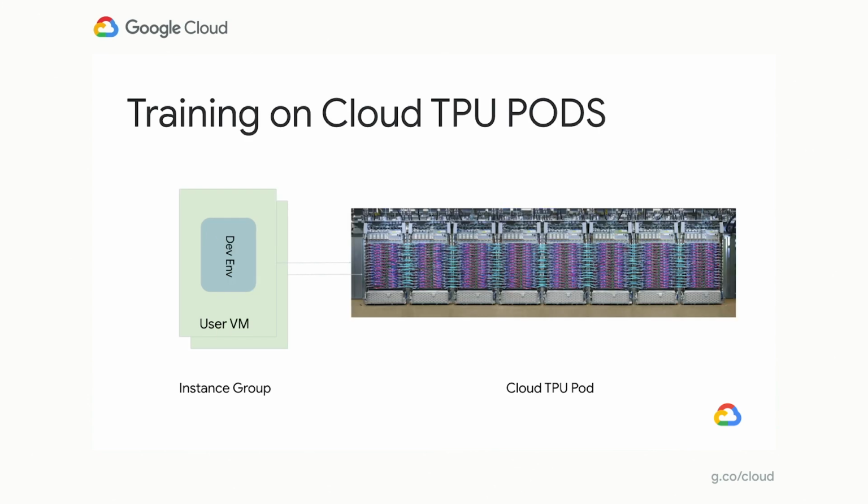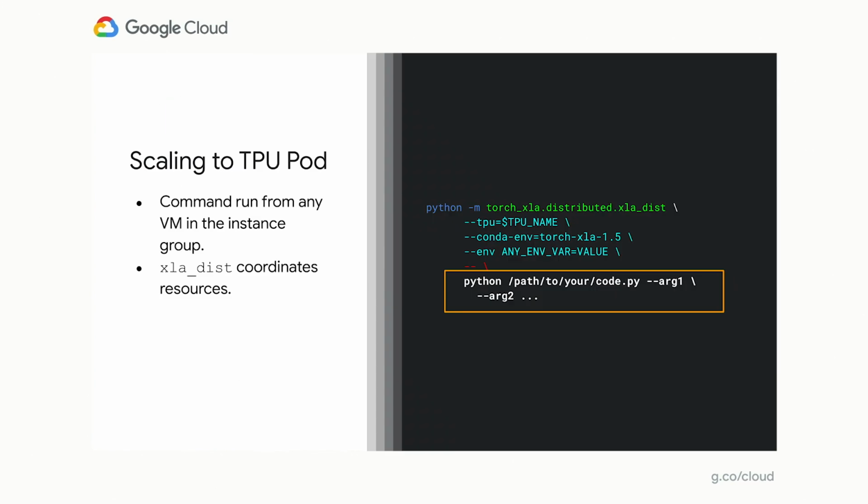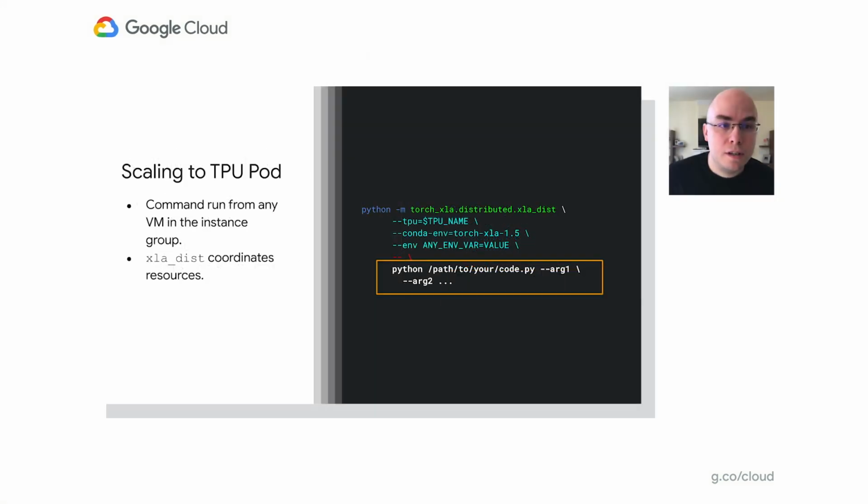And once we have set up these resources, launching the training in distributed mode is very easy. Now let's look at the command to do that. Here, the white part of the large command is the actual command that you are running on one device. So this is your code with arguments. And all you need to do to scale it up to a pod level is just prefix the command with these elements.